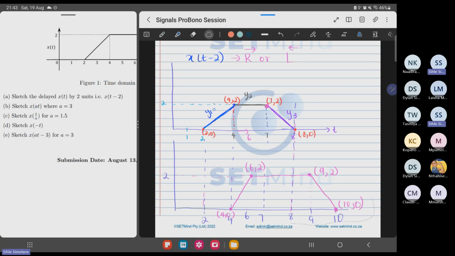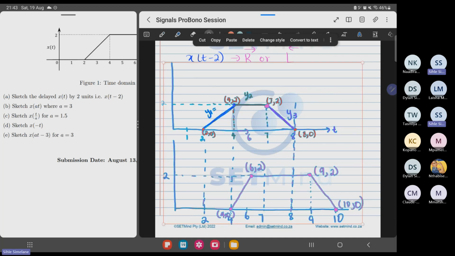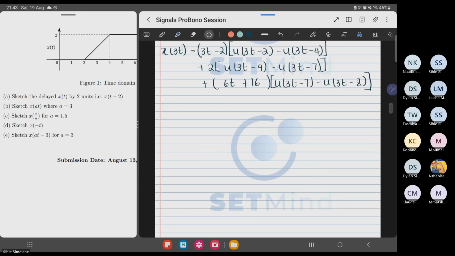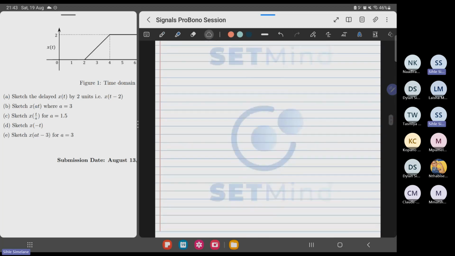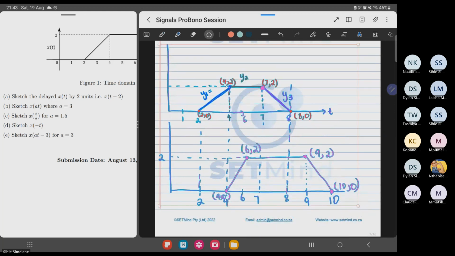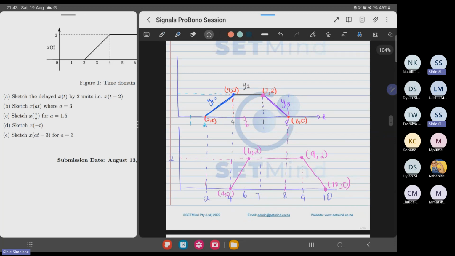Let me take it together with this one so that we see what modification the 3t is going to make. Okay, I'm not going to have enough space. Let me paste them here. And then let's erase the graph which we had here. Okay. Let's erase it. We do not need it. I just need the same axis.